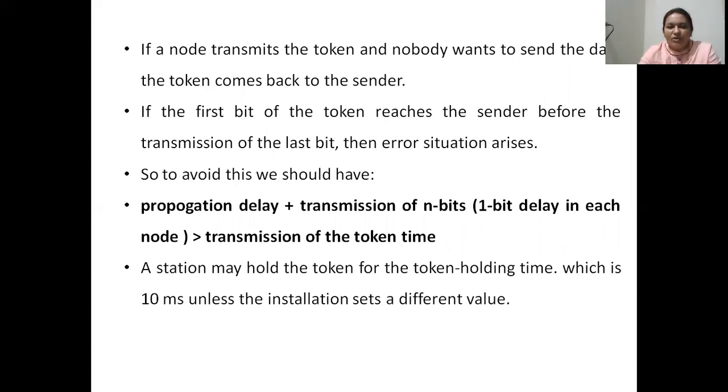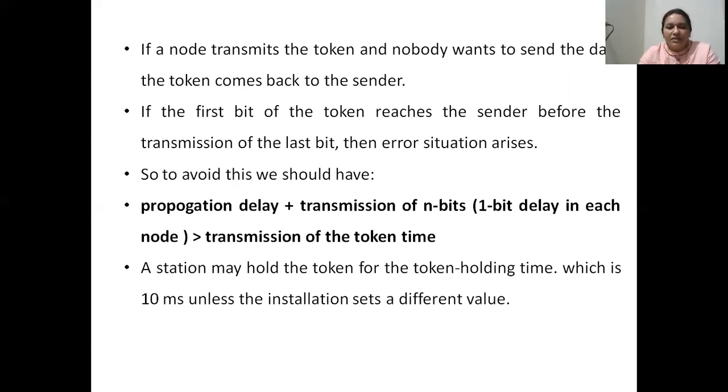In a scenario when a node wants to send data, it transmits the token, but nobody in the ring wants to receive data from that particular sender, then the token comes back to the sender. So in such a case, if the first bit of the token reaches the sender before the transmission of the last bit, an error might occur.